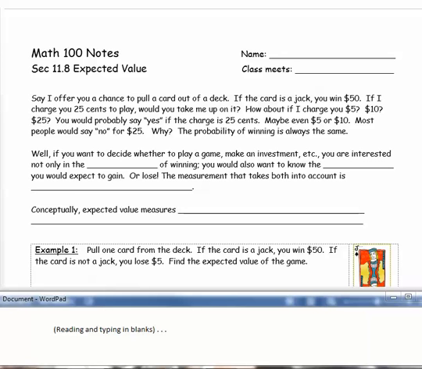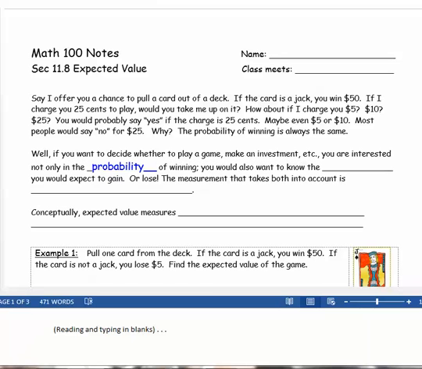Well, if you want to decide whether to play a game, make an investment, etc., you're interested not only in the probability of winning, you would also want to know the amount you would expect to gain or lose. The measurement that takes both into account is called expected value.